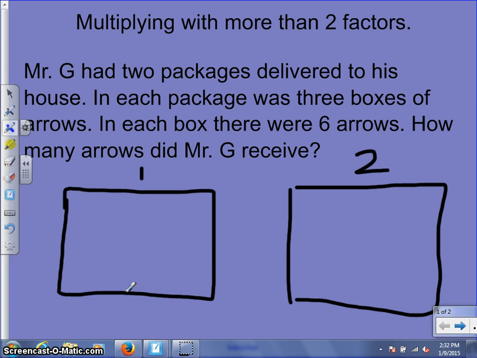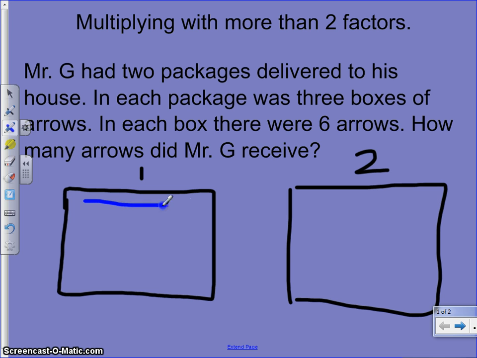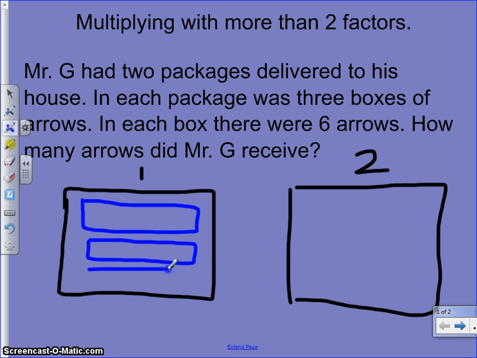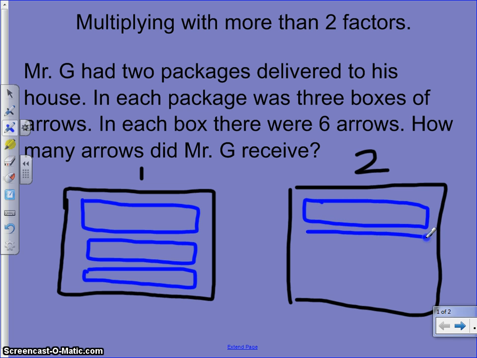Now the next thing, it says that in each package, so in each single package I got, there are 3 boxes. So here's 1, 2, finally the third box. So there's 3 boxes inside package 1, and there's also 3 boxes inside package number 2. 1, 2, and finally 3.